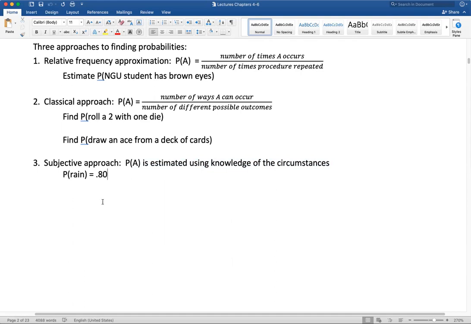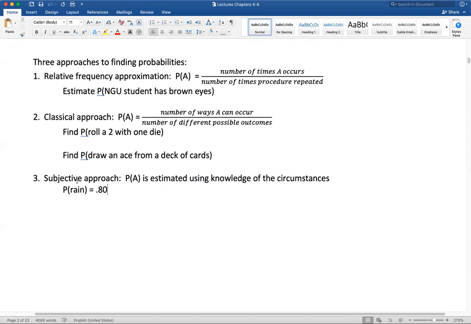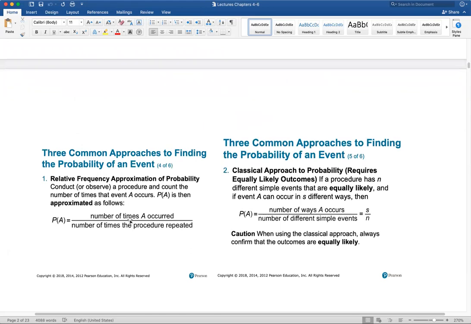That is definitely subjective. We cannot figure it out by the relative frequency approximation or the classical approach. We just use some information from the circumstances.